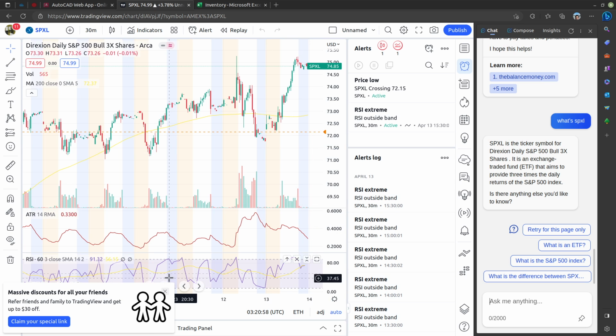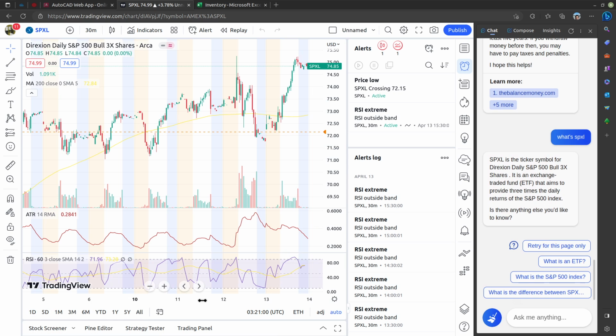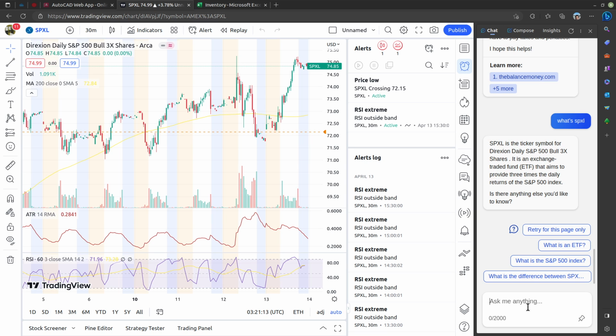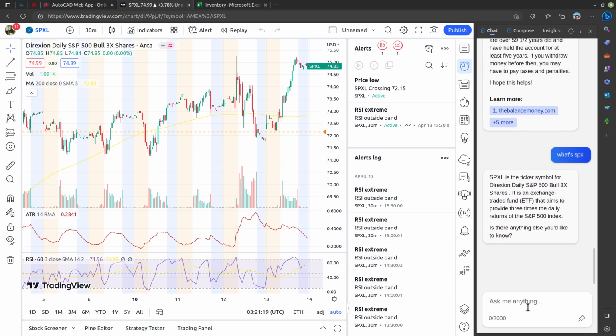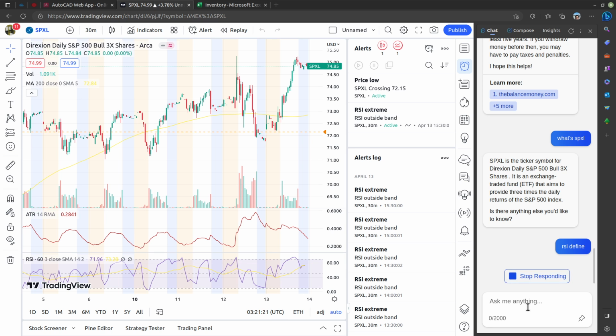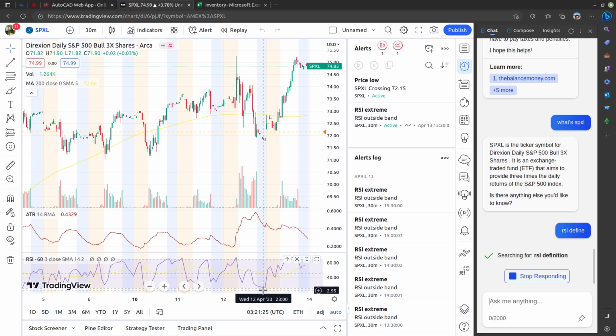Okay, so this is how I do it. Okay, let me turn this off. And I have indicators here. I have this indicator called the RSI, which is here. You can pause the video and read it. RSI define. So while that loads, you can pause it and read it.